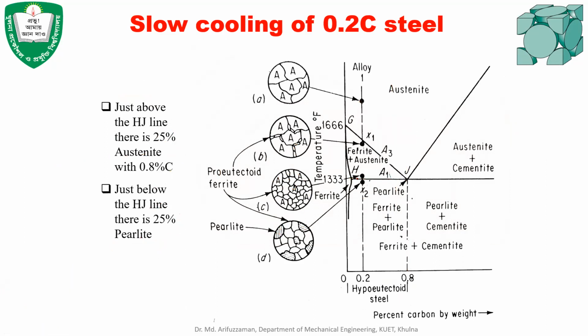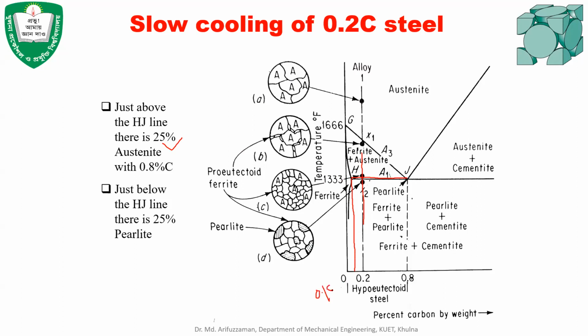Now we need to go back to lecture 2 on phase diagram, right? So to find out 25%, it's not given. You can find it out if you draw a tie line in here. This is our alloy, right? And this point indicates 0.1% carbon, let's say.